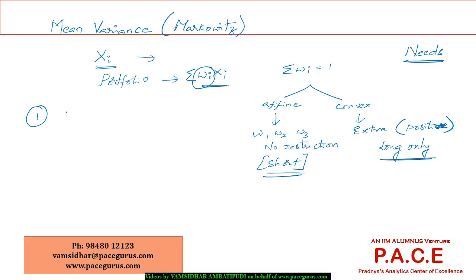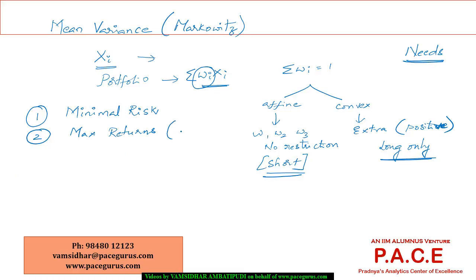Either they can say, I want a completely minimal risk portfolio, that particular portfolio which gives me the least possible risk. That could be a requirement. Or sometimes people might look at the maximum returns. I don't bother about the risk, but I expect the returns to be the maximum possible.